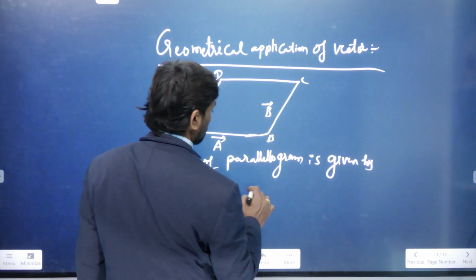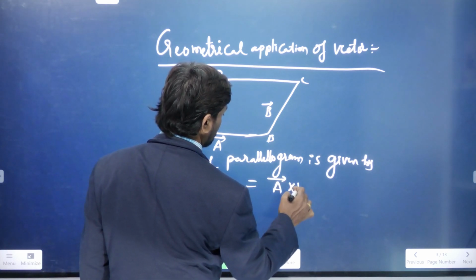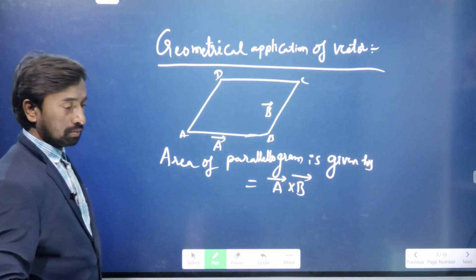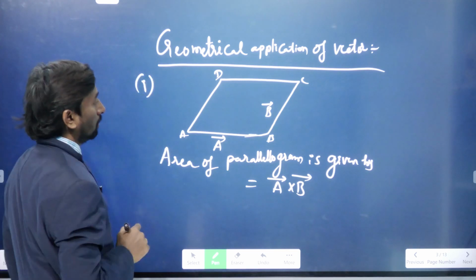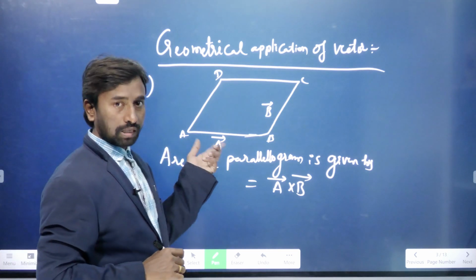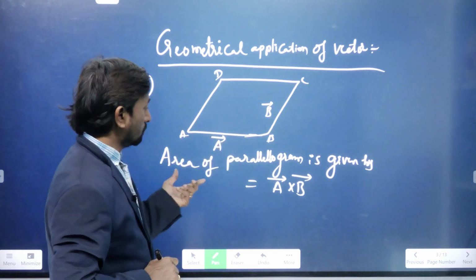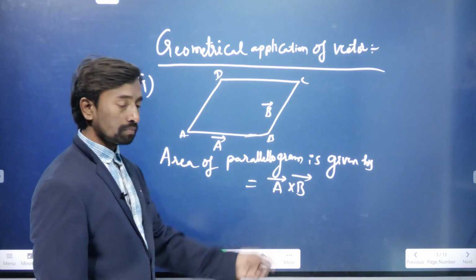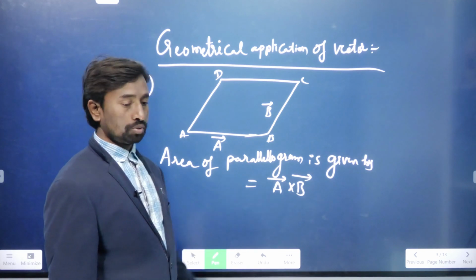So that is equal to A bar cross B bar. And this is the first practical application we can consider, the area of the parallelogram. If the two vectors A bar and B bar are represented as the sides of this parallelogram, then the area of the parallelogram can be calculated by finding the cross product of these two vectors there.